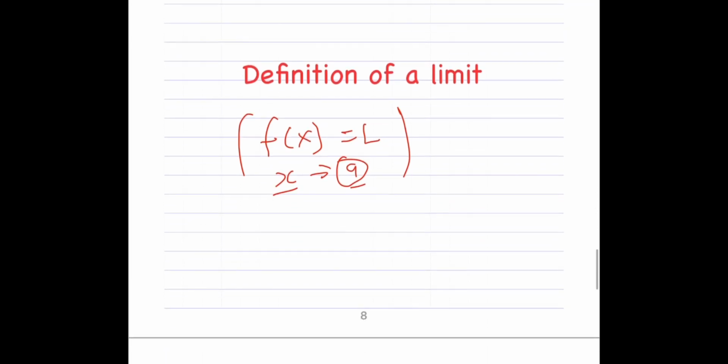For example, say we have the function f of x equal to 2x plus 3. The limit of this function as x approaches 4 would be 11.